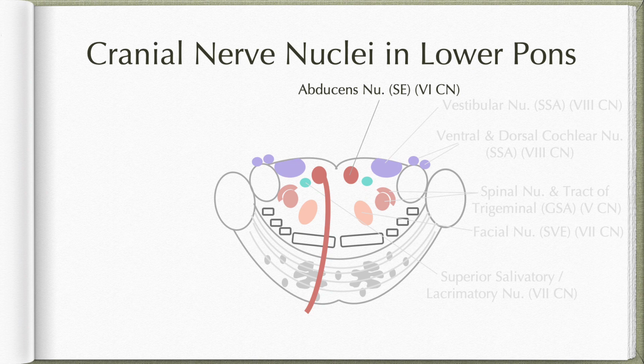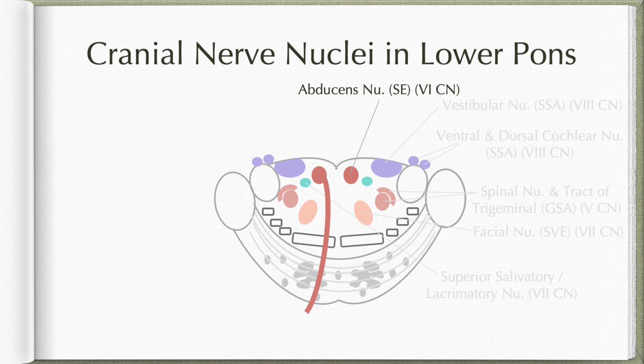Now it's important to understand that the right abducens nucleus connects with the left oculomotor nucleus, especially that part of the oculomotor nucleus which supplies the medial rectus muscle, so that when one is looking to the right side, the abduction of the right eye is coordinated with the adduction in the left eye. And of course, this will be vice versa.